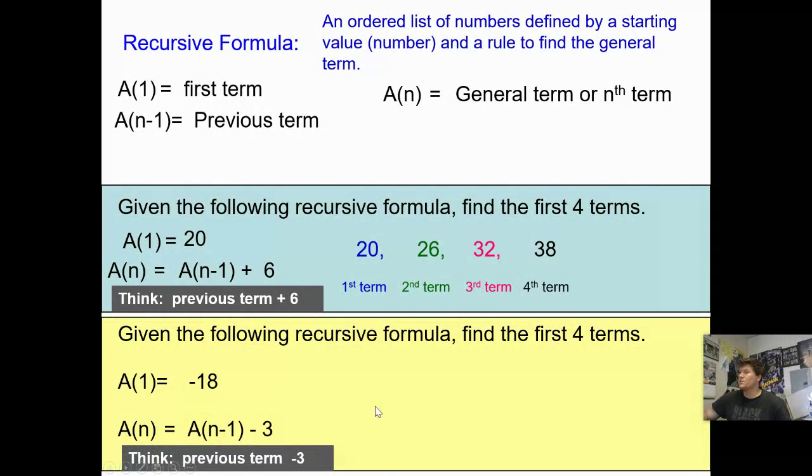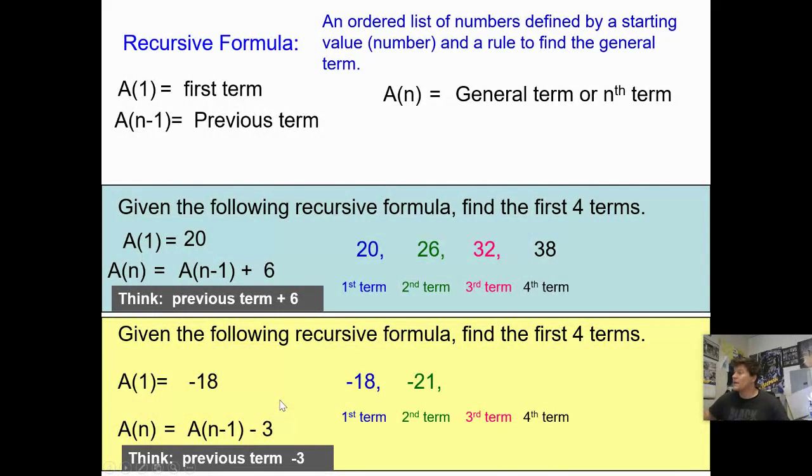So my first one is negative 18, and then I'm subtracting 3 every time. Negative 18 minus 3, negative 21. Negative 21 minus 3, negative 24. Negative 24 minus 3, negative 27. And the sequence will just continue on with that pattern from there. Recursively makes it very easy for you to tell what's going on with the pattern.